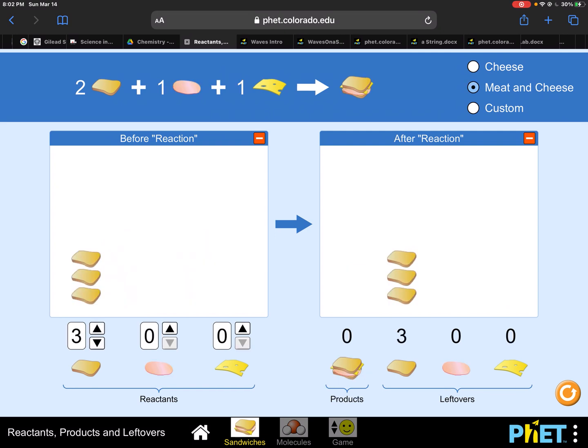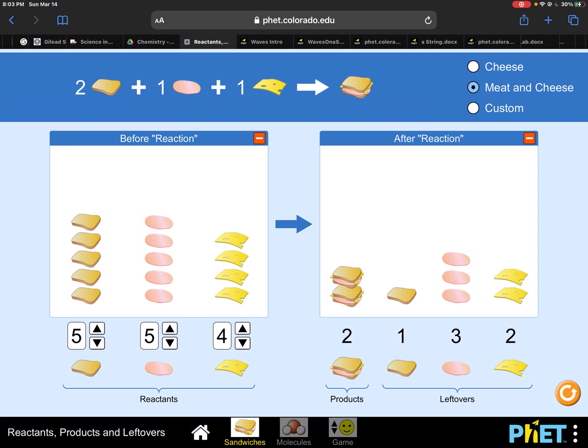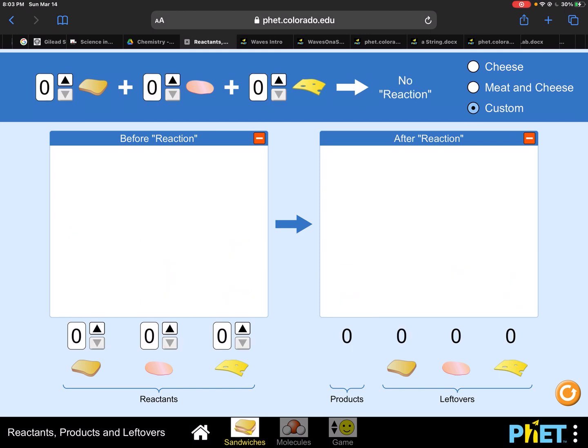If you add so much bread, so much meat, and so much cheese, how many products will you have, how many sandwiches, and how many leftovers of each thing? And then you can always select custom, what you want to make.